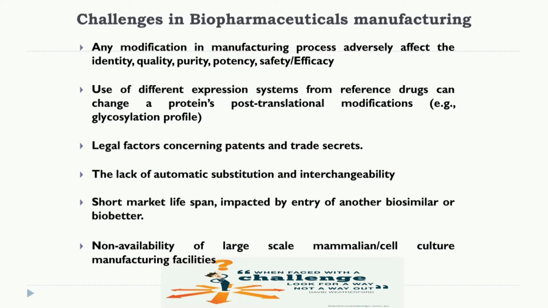We have to revise our manufacturing process again. Legal factors, which include patents and trade-related secrets, shorter market lifespan of the product, entry of new products, new biosimilars or biobetters, and non-availability of large-scale mammalian culture manufacturing facilities.